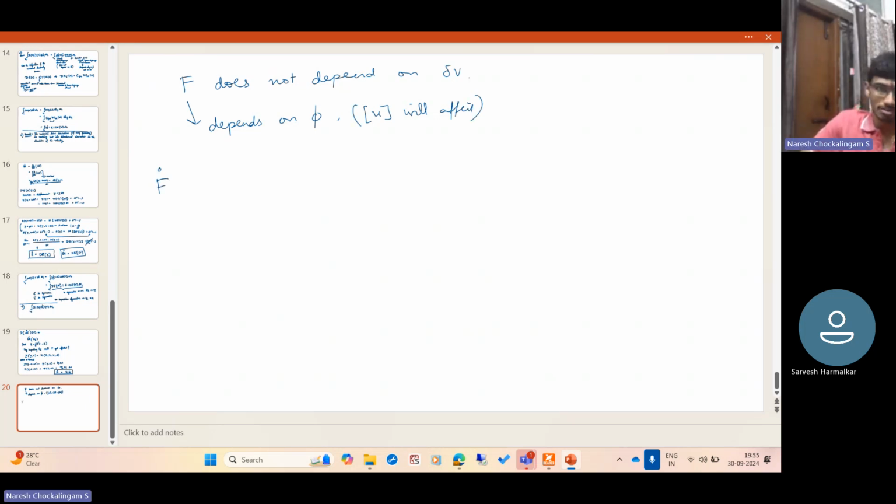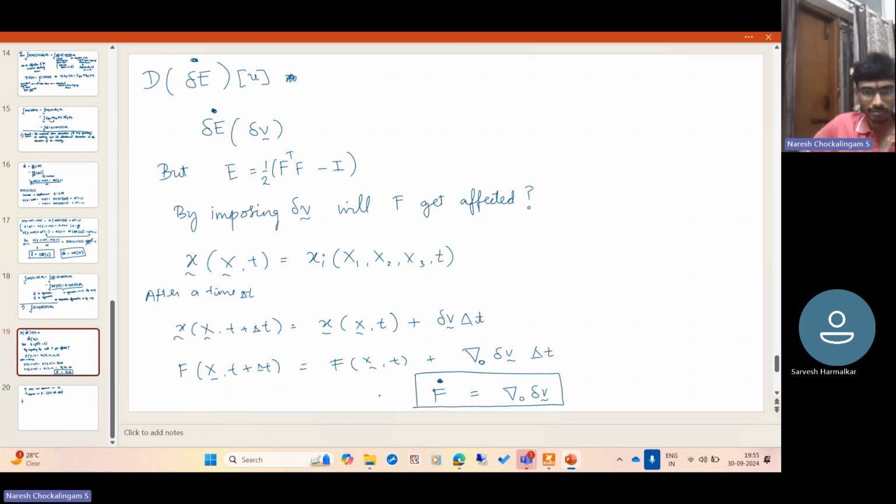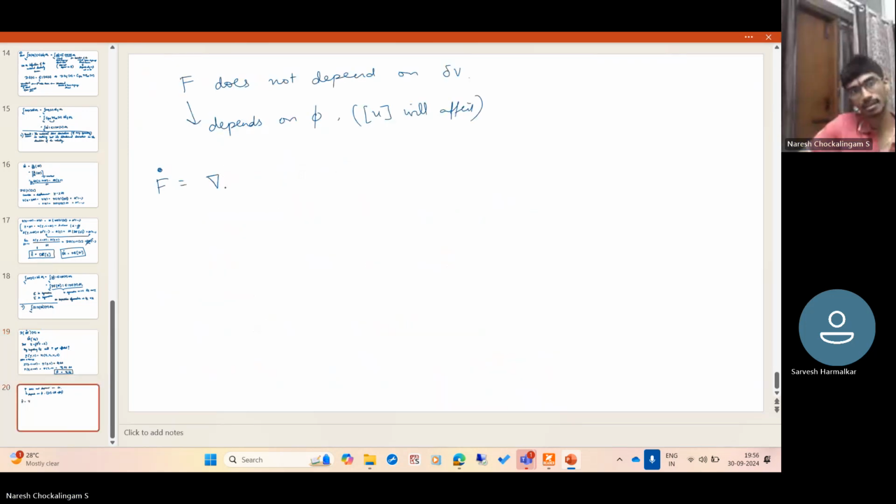However, F dot depends on del v only. So this I can say is the rate of deformation. This is the rate of time derivative of the deformation gradient that depends on del v. So F dot is equal to the gradient of del v. This arises only from the imposed velocity field.